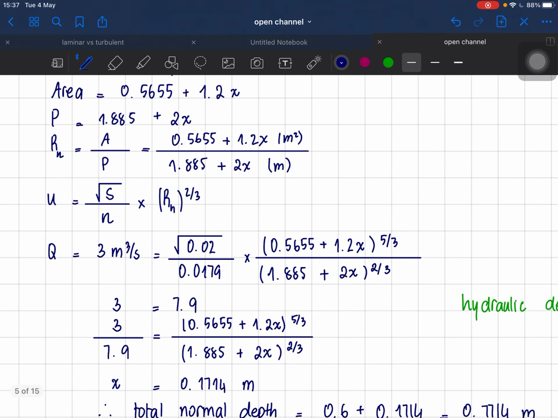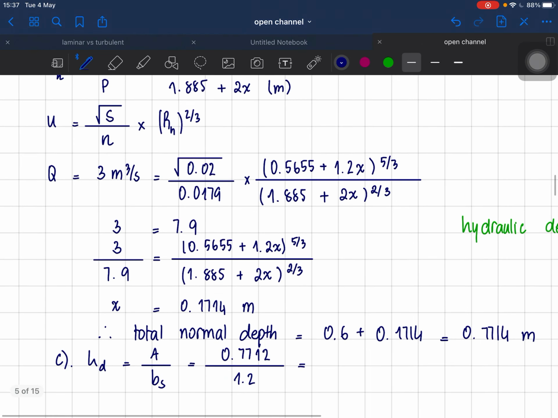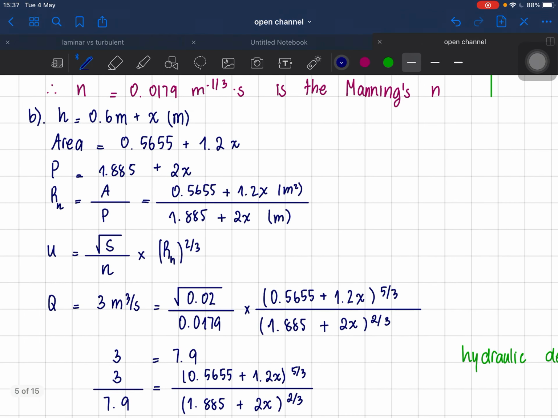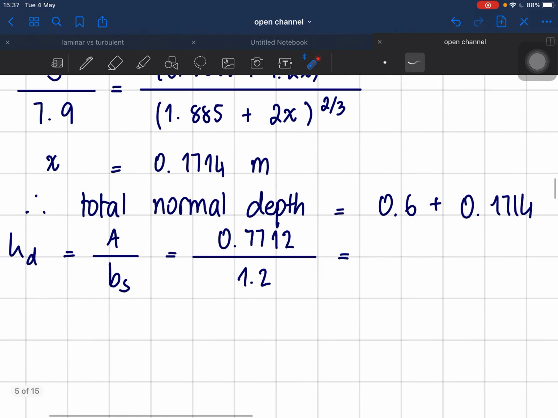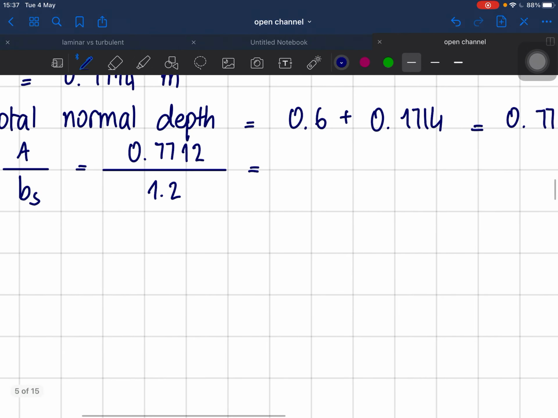0.5 here. And then times. Okay. I'll write it.